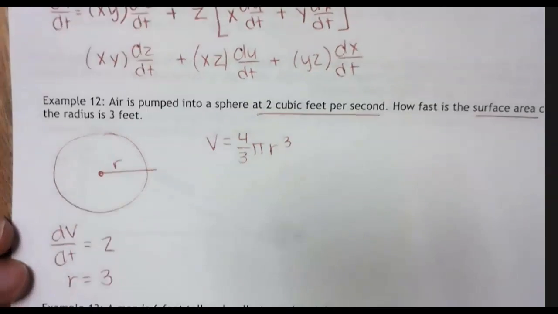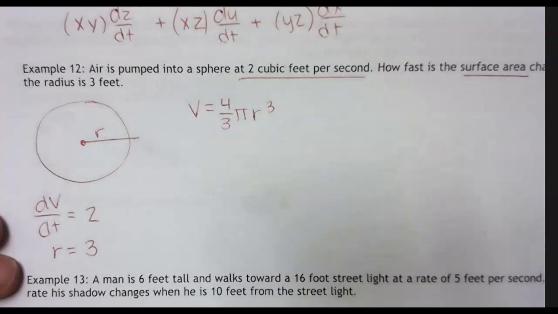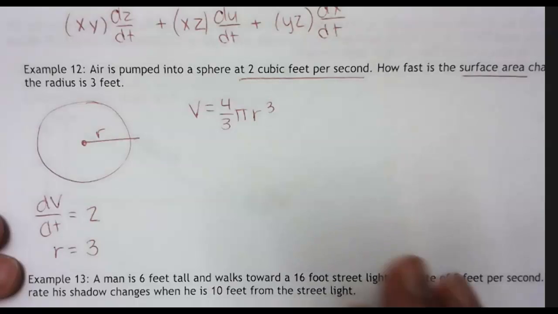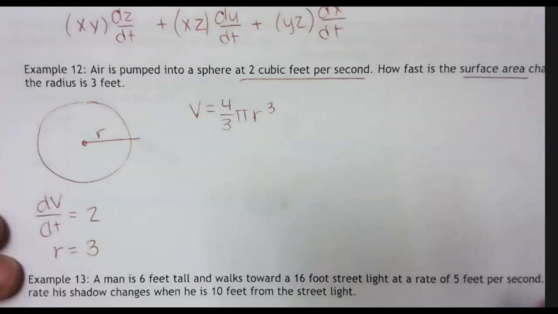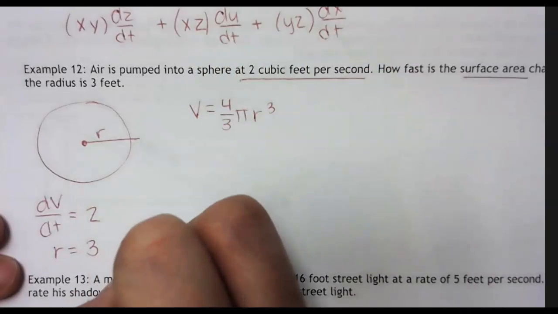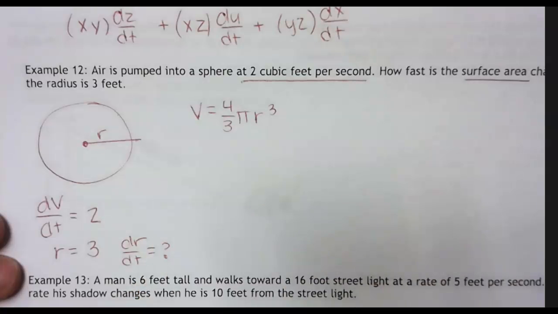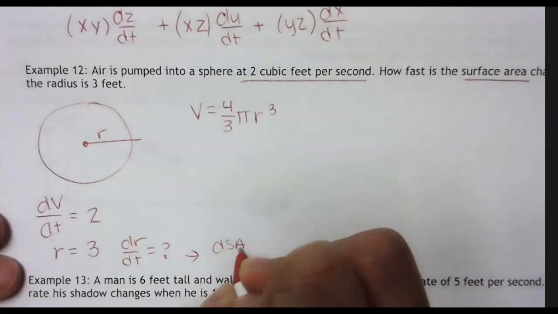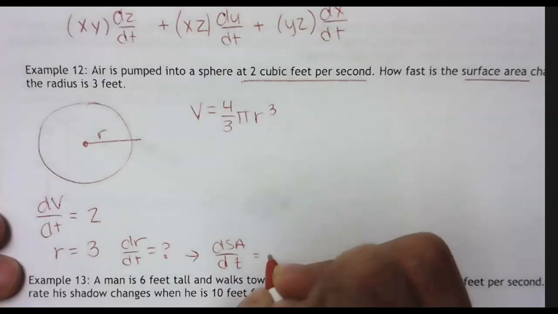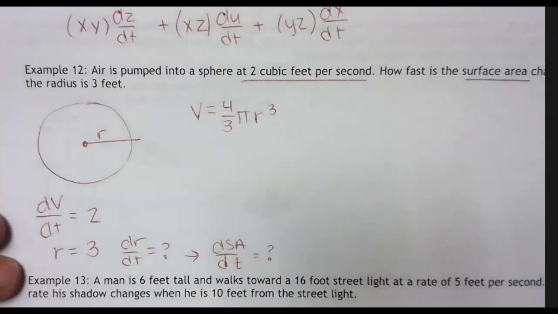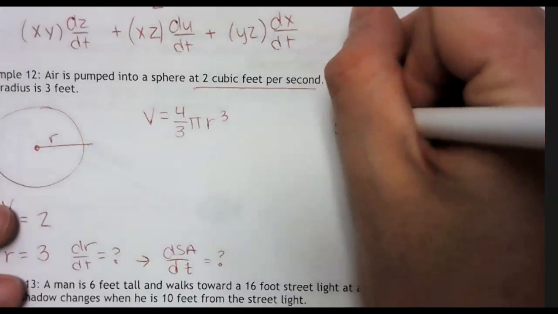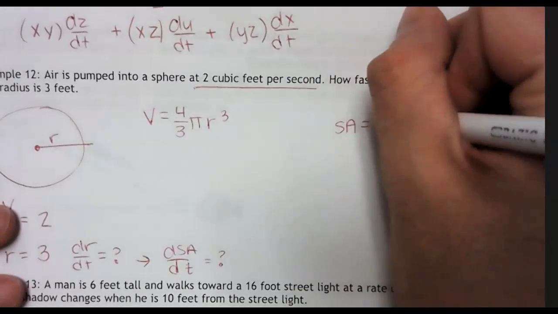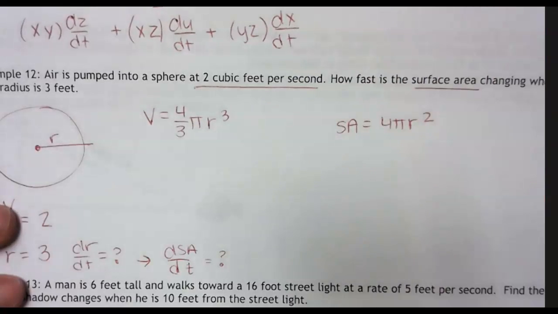So r equals 3. In the case of this problem, I have to start with one piece but work to another. I need to find the rate of change of the radius in order to find the rate of change of the surface area. My ultimate goal is dSA dt, and the surface area of a sphere is 4 pi r squared.